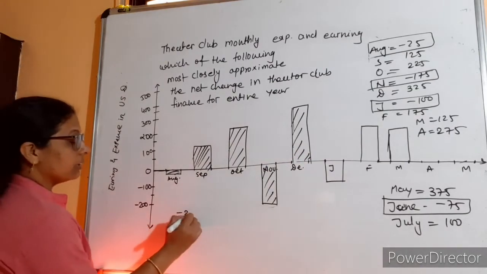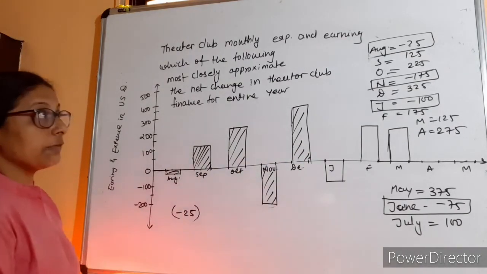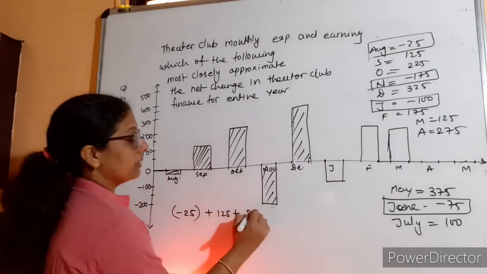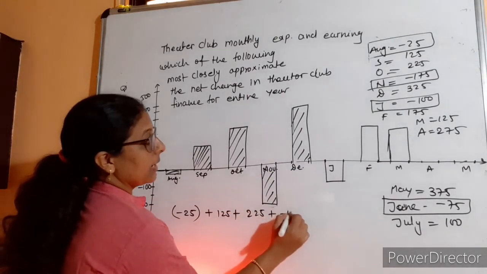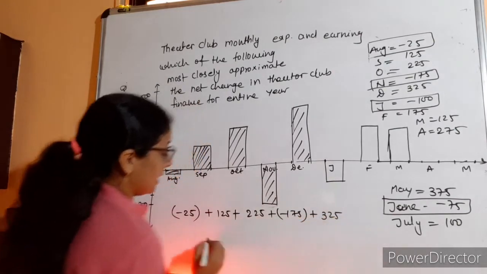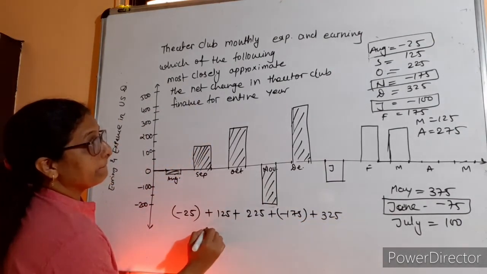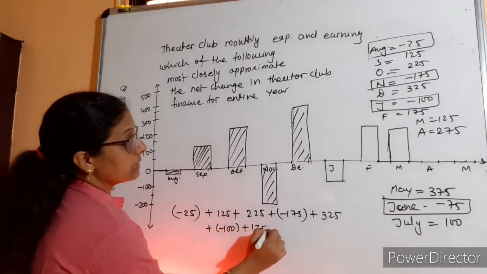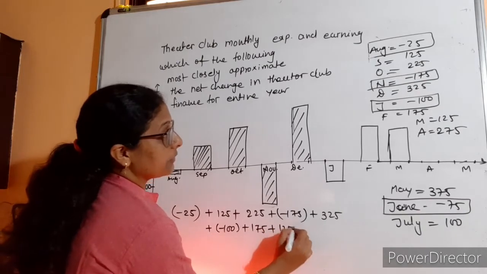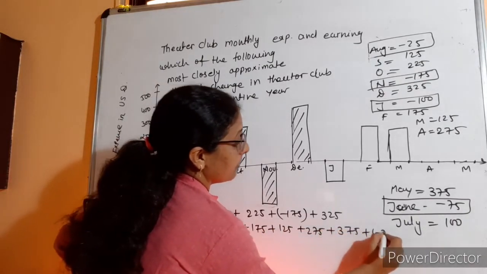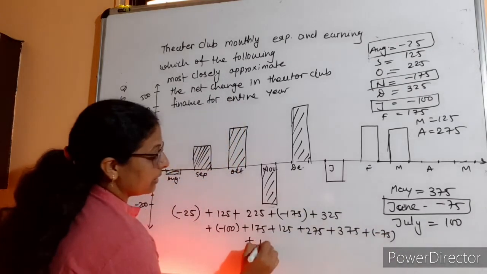Therefore, in August it is minus 25 plus 125 plus 225 minus 175 plus 325 plus minus 100 plus 175, 125, 275, 375, minus 75 and 100.